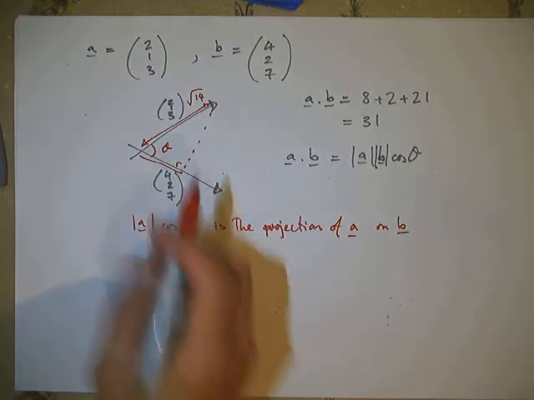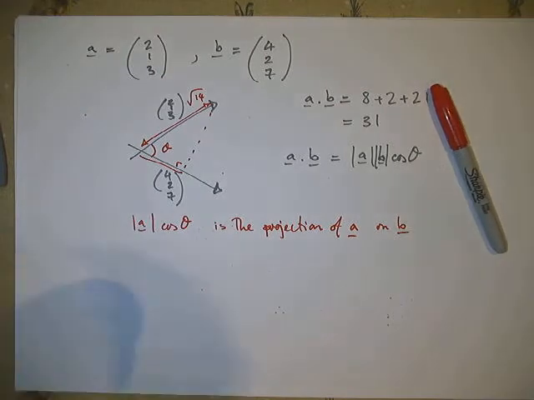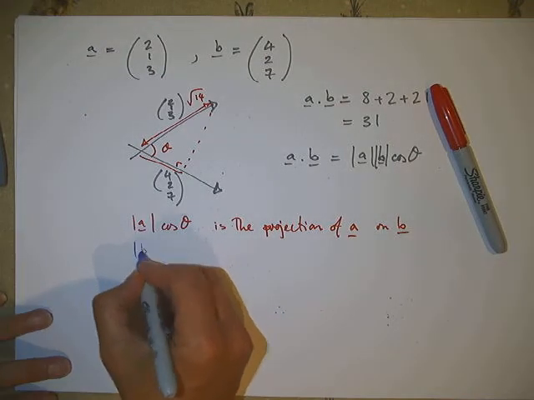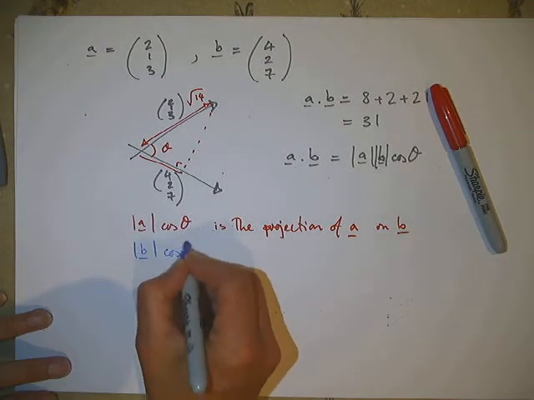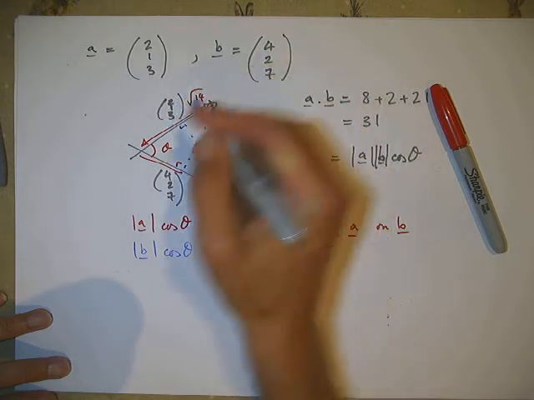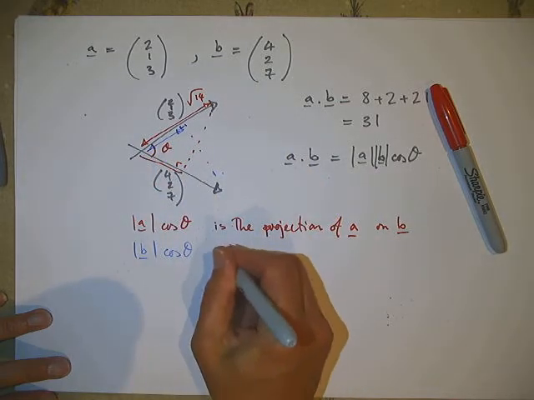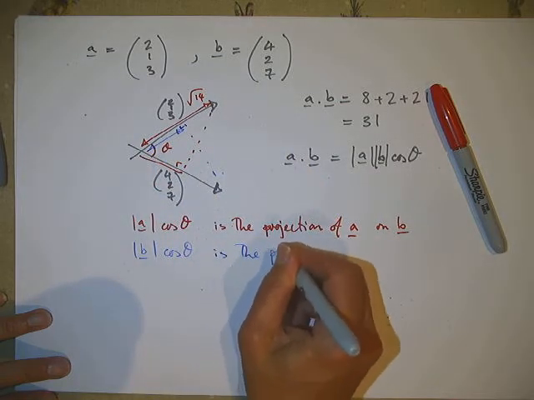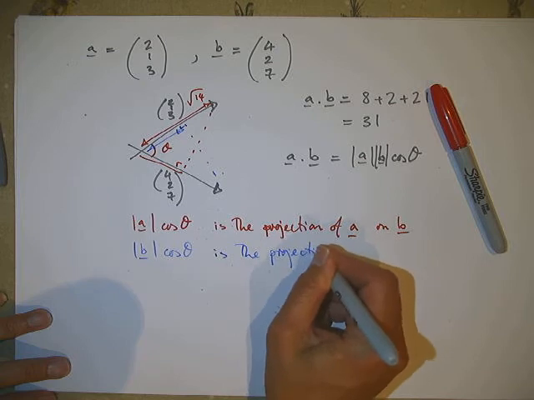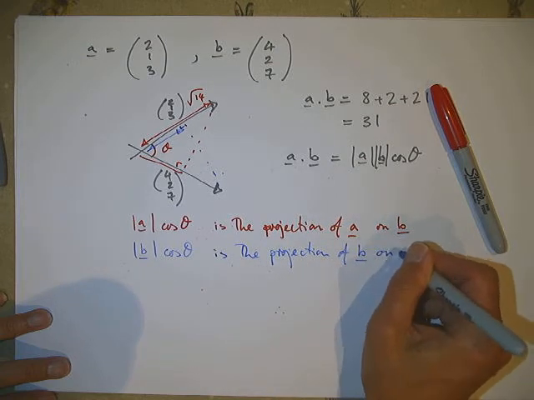Now, similarly, you're saying why A not B? If I worked out mod B cos theta, I'd actually be working out this length. Mod B cos theta is the projection of B on A.